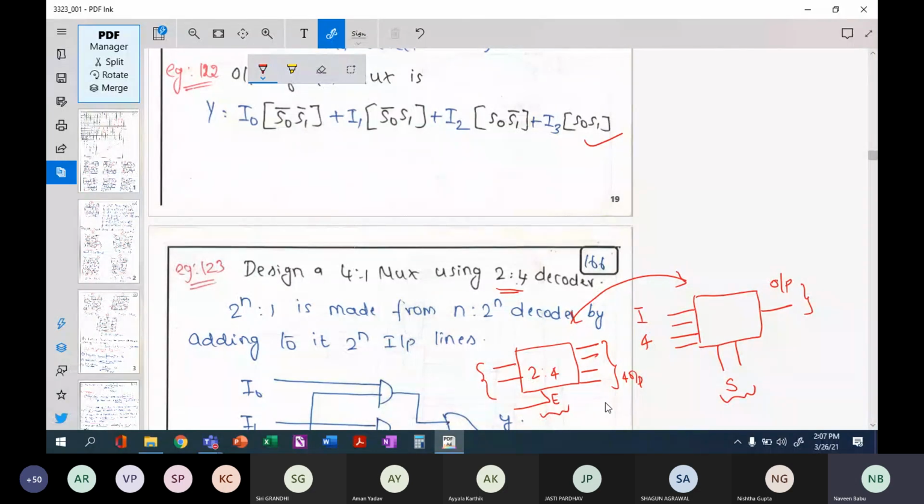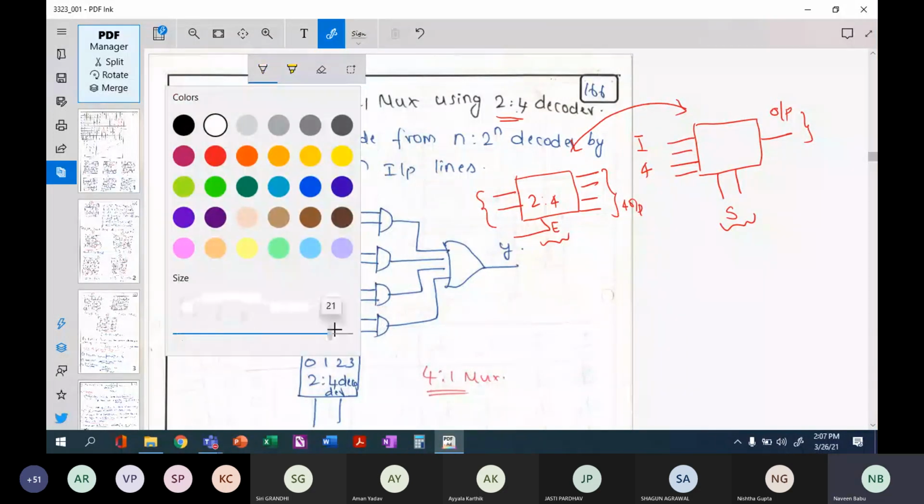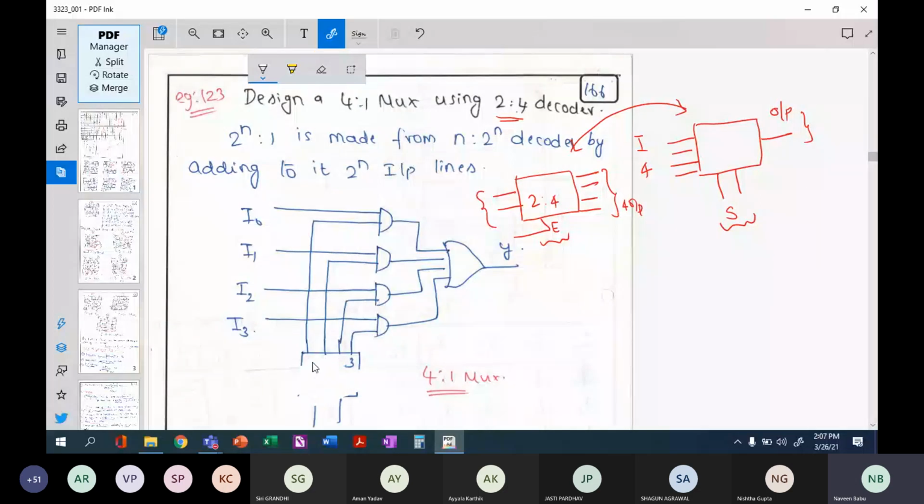Okay, so let us see how to design. Normally, we are going to use the same logic here. How will a multiplexer look? If you forget about this particular block, just forget about this block here.